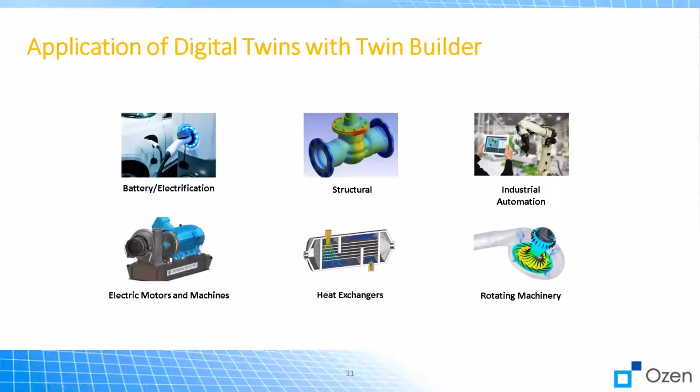A lot of people usually ask, so what application I can use for digital twin, or what physics, what industry? With digital twin and Twin Builder, you can use it for actually variety of applications. You can see you can do it for battery or electrification, structural analysis, industrial automation, rotating machinery, heat exchangers, electric motors, and machines.